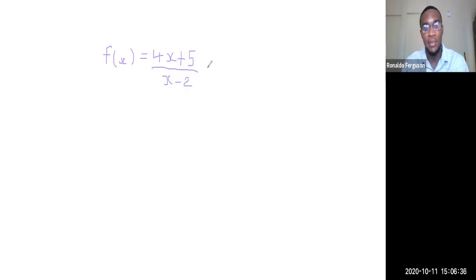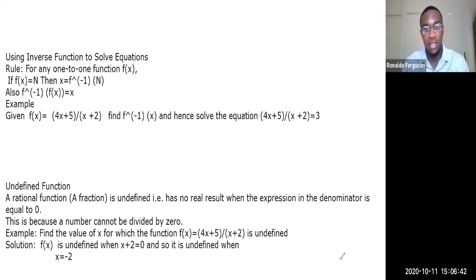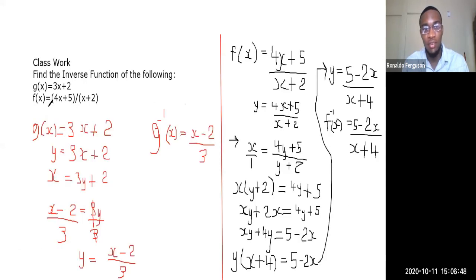So then now the question says find f inverse of x. Now we did find the inverse function for this question a long time ago. So remember when we said f of x was 4x plus 5 over x plus 2, the inverse was 5 minus 2x over x plus 4.